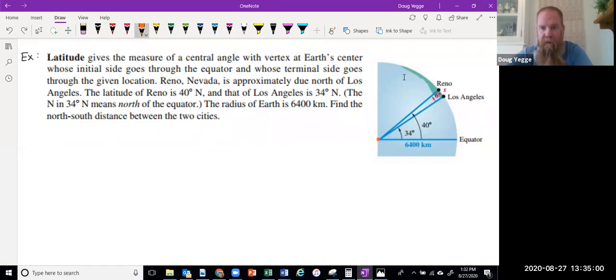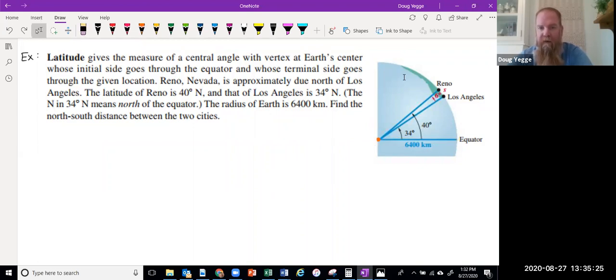And the initial side is always at the equator. So if the equator was wrapping around, this is how we measure the latitude. The North Pole would be at 90 degrees latitude because its rotation up to the North Pole is 90 degrees.